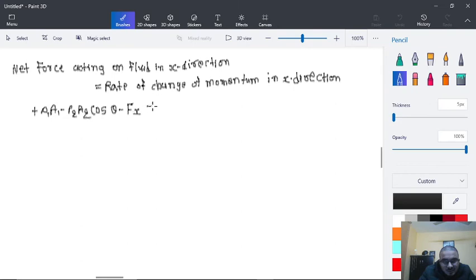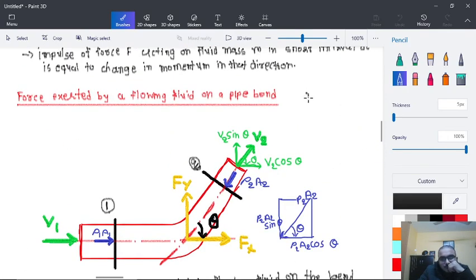Now the rate of change of momentum, if you recall, should be m into delta v. The mass flow rate m in this case will be rho into Q. You need to note this down: m is equal to rho into Q, based on the density definition.